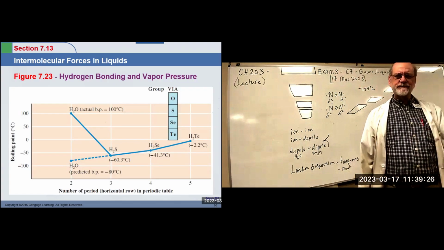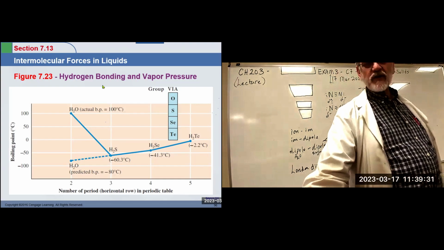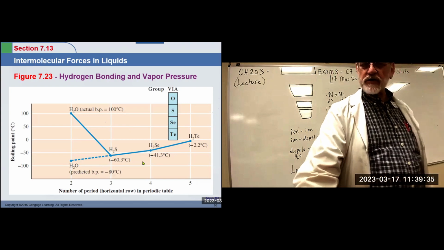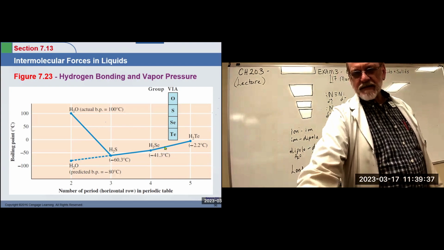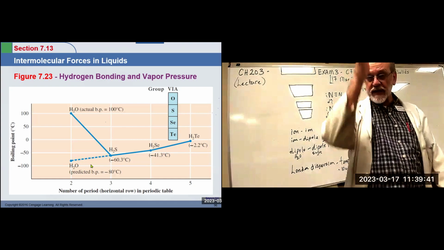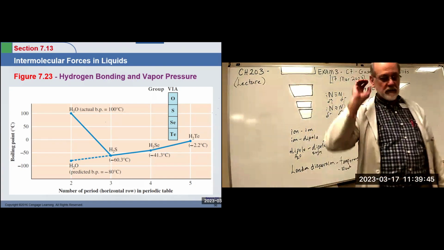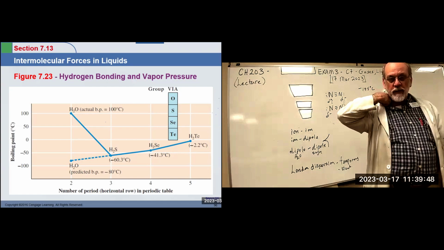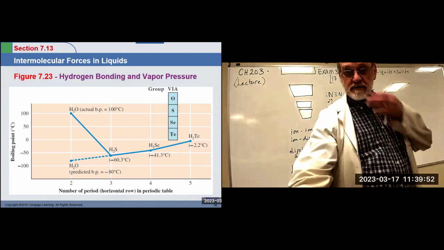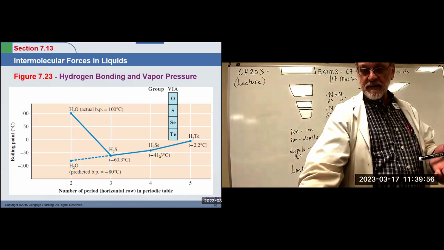Okay, so in this one, we're trying to explain why water does not follow the trend, right? These tellurium, selenium, sulfur, and oxygen are all in the same group, 6A, and we're forming dihydrogen molecules with each one of these elements.